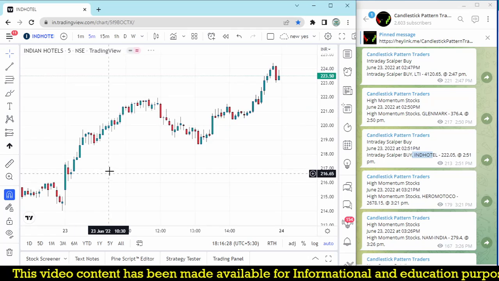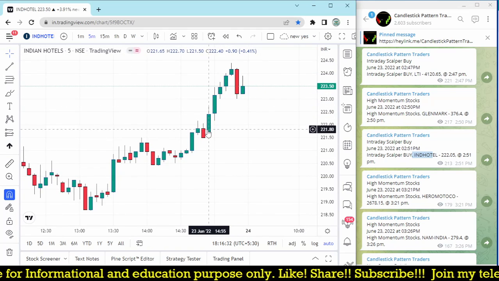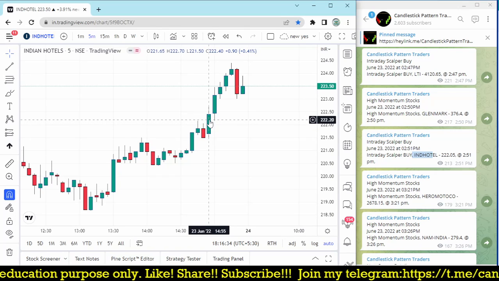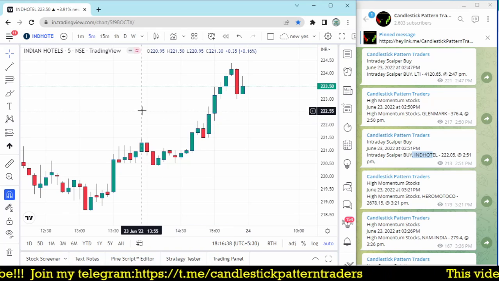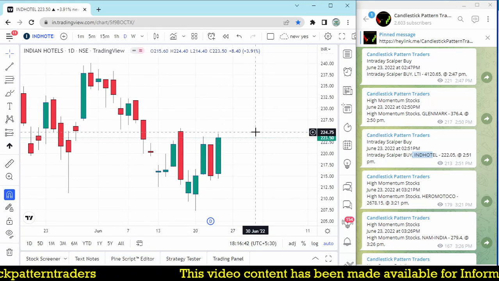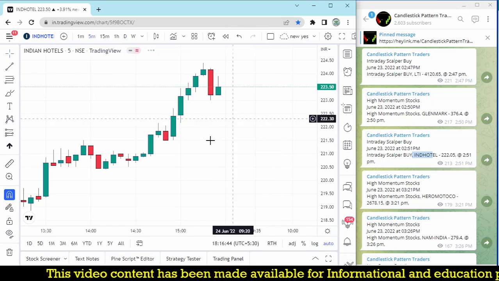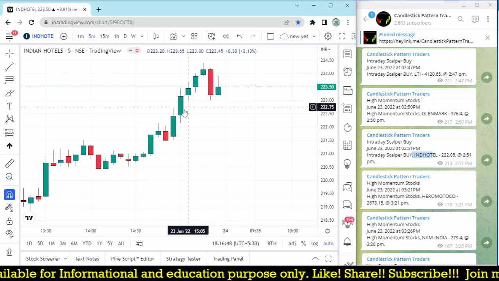Nearby market closing, let's see, maybe at 251 on this particular candle we got an entry around 222.05. Okay, if you check the daily chart, yesterday was the open high and it was broken around 251. If you take that particular entry, we get only a few minutes.